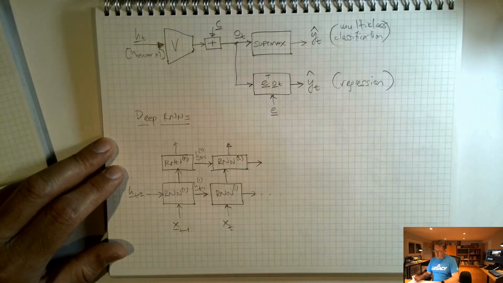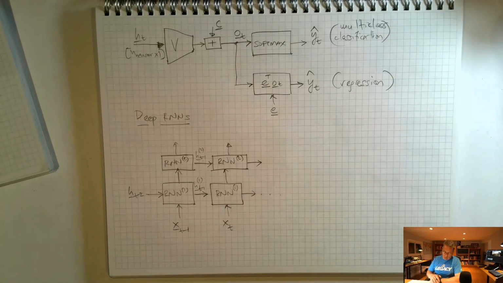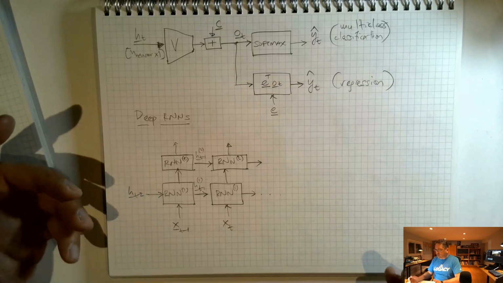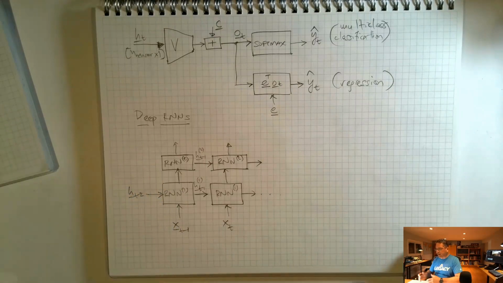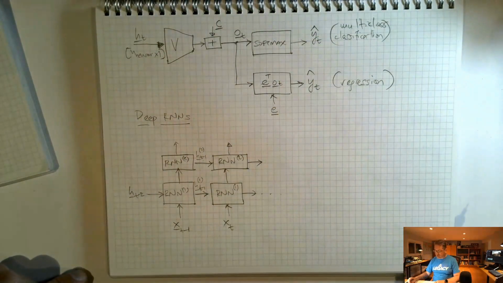So let's say in sentiment analysis, an application that we will see in the natural language processing video, we will only need to produce a prediction at the very end of accepting a sequence of text, because it doesn't really make sense to predict something when you just read a couple of words. So you have to read the whole product review before you determine whether it's a positive or negative review. Okay, so that's one example of exercising this head at the end of this kind of processing.